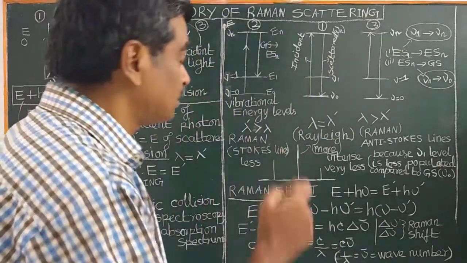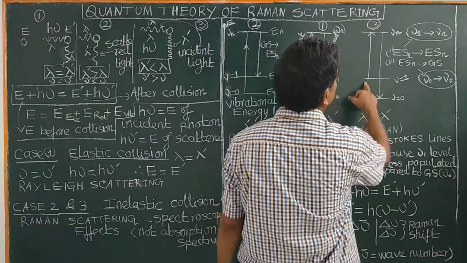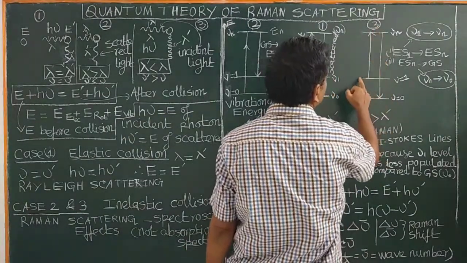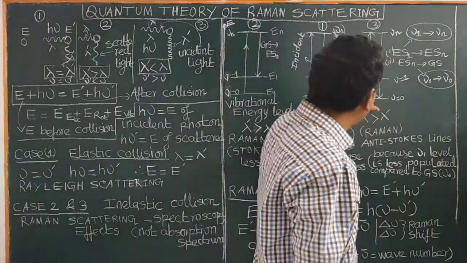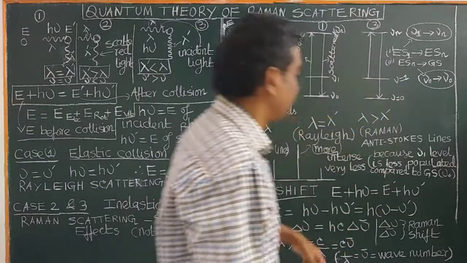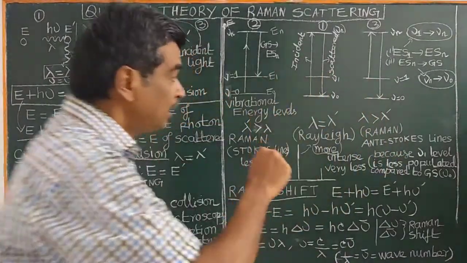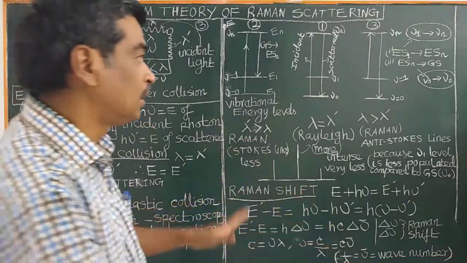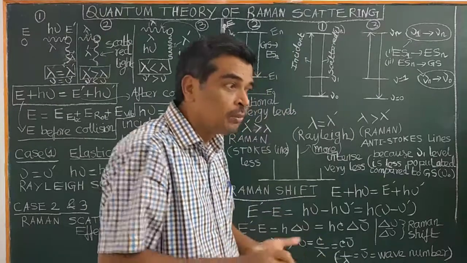This question will be asked in various competitive examinations. The transition in the case of 3, from E1 to En, the vibration level 1 is less populated. The ground state is more populated. The molecules will be in the ground state, the lowest energy state, which is stable.